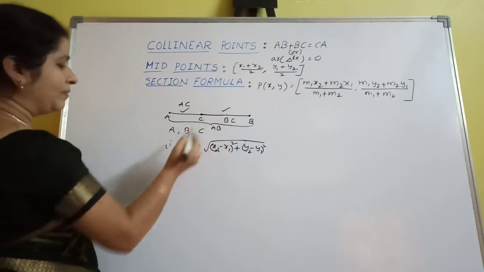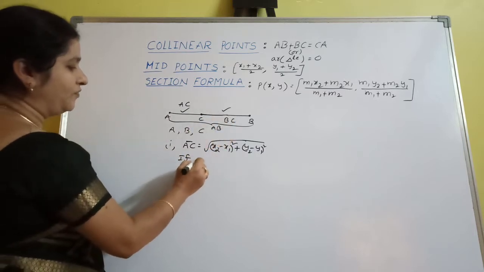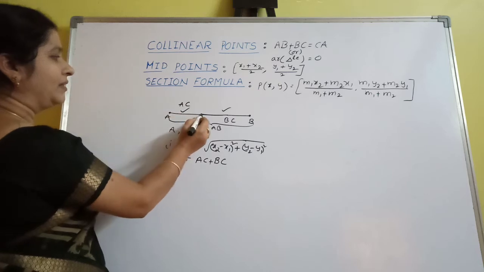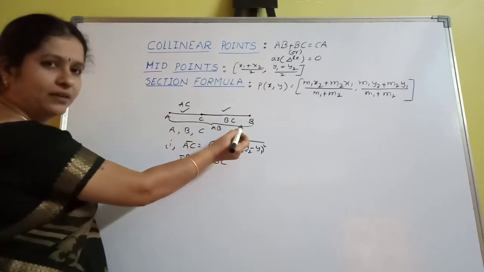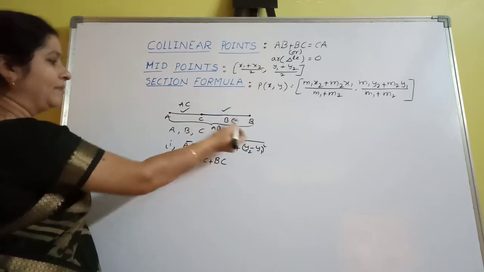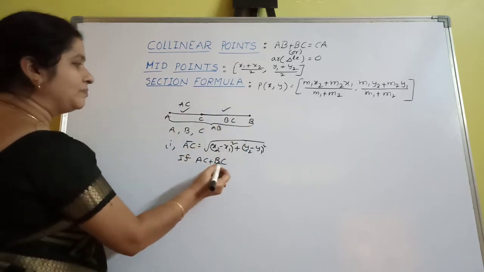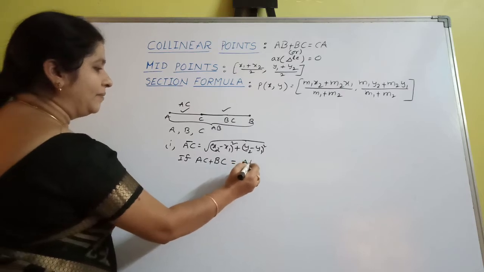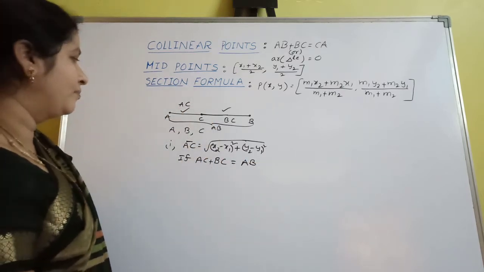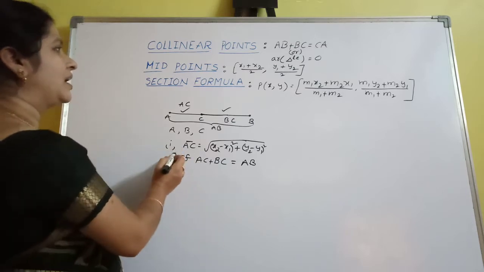These 3 are line segments in this line. So if AC plus BC equal to, here one part is AC and another part is BC. If you join these 2 points, you get a line segment AB. So if AC plus BC equal to AB, then these 3 points are called collinear points. So what is the first condition?